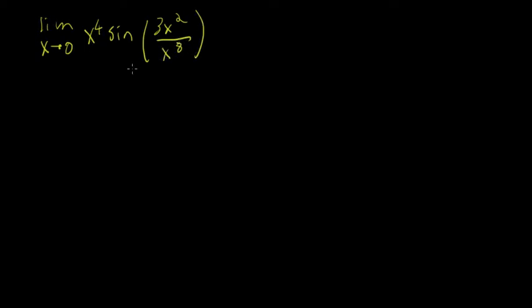So let's say we want to find the limit as x approaches 0 of x to the fourth times the sine of 3x squared over x to the eighth. Looking at this, you have really no idea how this graph looks. This looks to be a fairly complicated function.